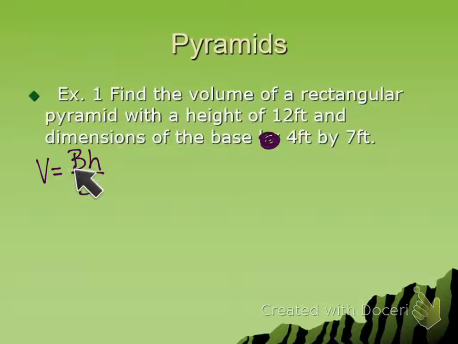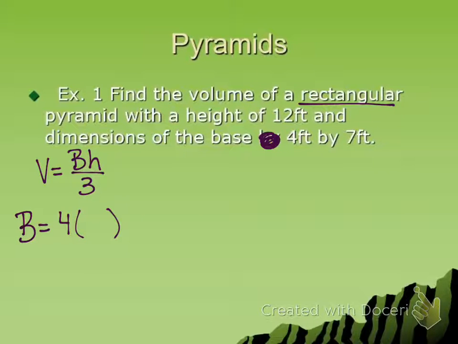First thing I need is to calculate capital B, or the area of my base. They said the base has what shape? A rectangle. And we find the area of a rectangle by taking what times what? Base times height. What is lowercase b, the base of my base? 4 times the height of my base.